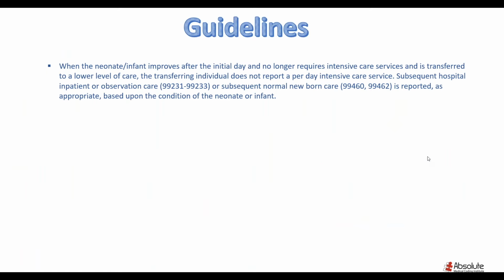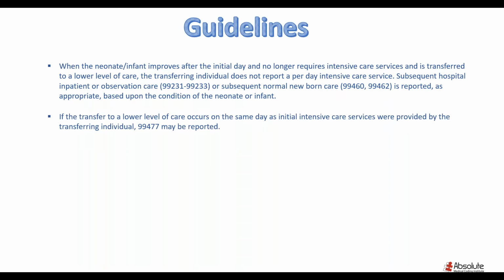We have a few more guidelines here. When a neonate or infant improves after the initial day, no longer requires intensive care services and is transferred to a lower level of care, the transferring individual does not report a per day intensive care service; subsequent hospital inpatient or observation care, or subsequent normal newborn care, is reported as appropriate based upon the condition of the neonate or infant.